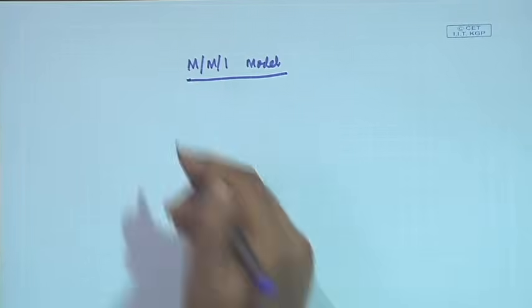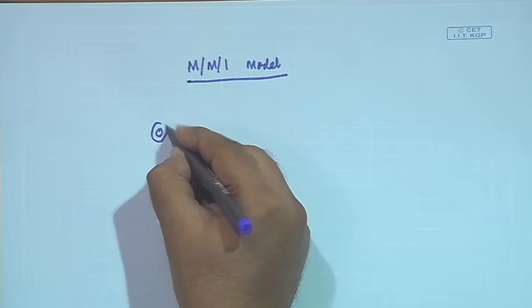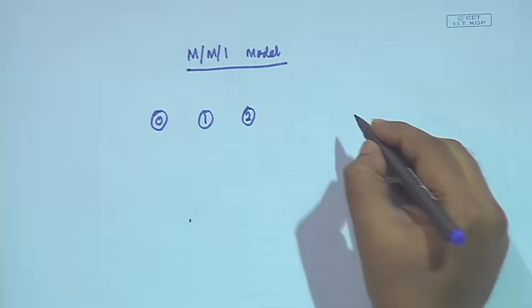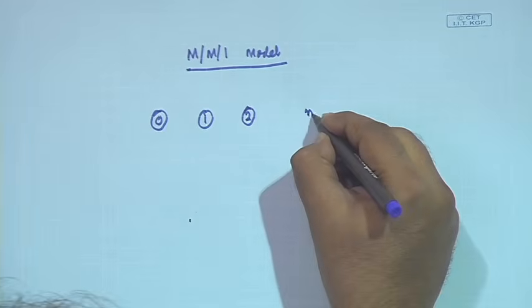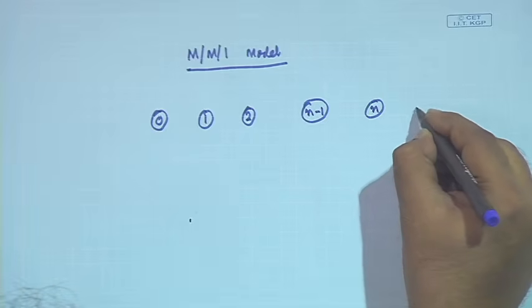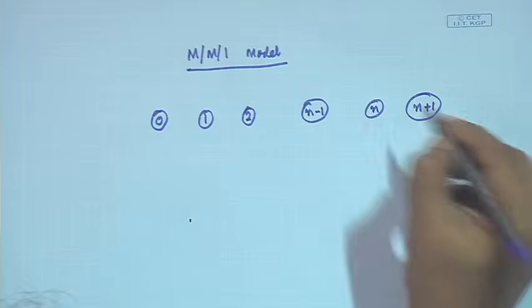Now, for an MM1 model, these are the system states 0, 1, 2, then we can draw n minus 1, n, n plus 1, right.